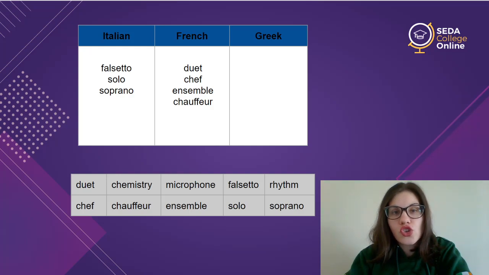Greek would be ch as k, and French, as you see here, ch as sh. So we have three different sounds for the same spelling. So we have chef, chauffeur, and ensemble.